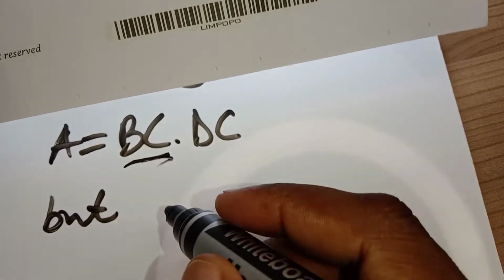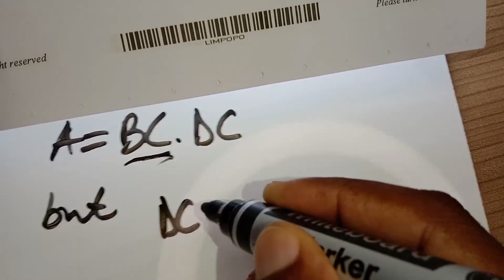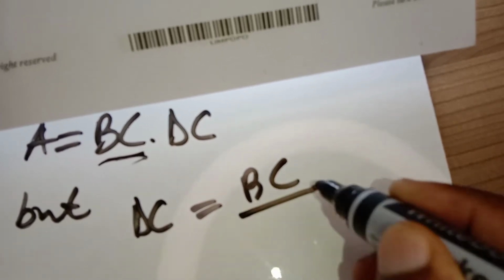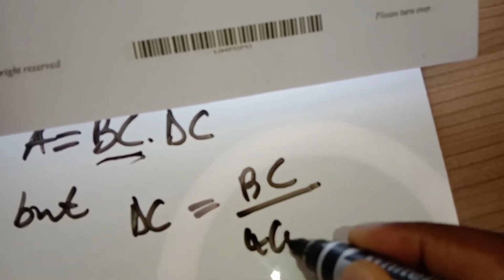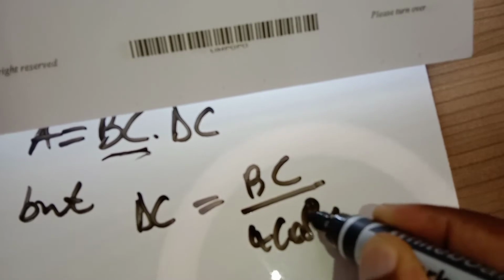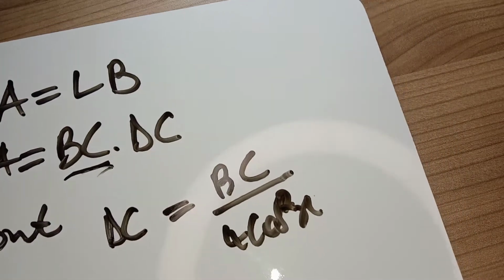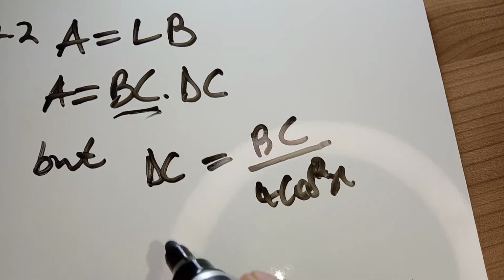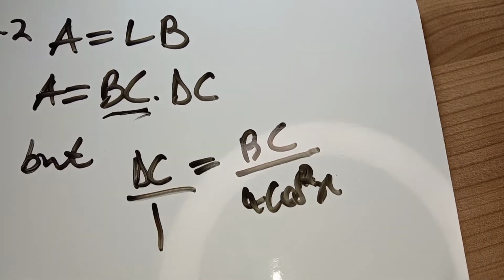But DC equals BC over 4 cos squared x there. This is squared, okay? We proved it above. Then we say this one should be over 1, okay?